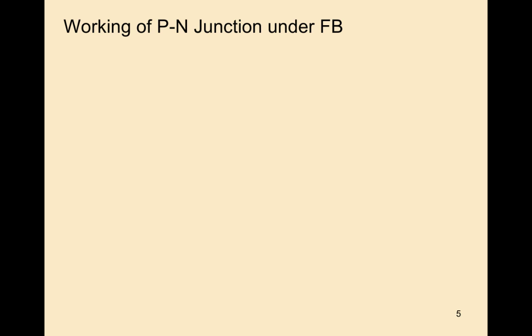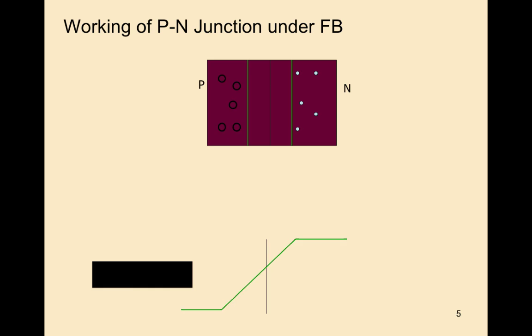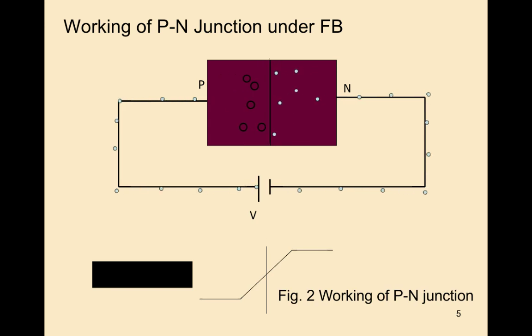So, working of PN junction under forward bias condition. See this video, how the animation looks. When we connect the diode in forward biased mode, the holes and electrons move like this, and it reduces the depletion region width and potential barrier. That means majority carriers move from P to N and N to P. So in this way the diode starts conducting.